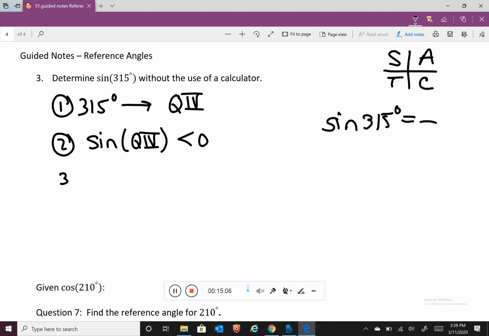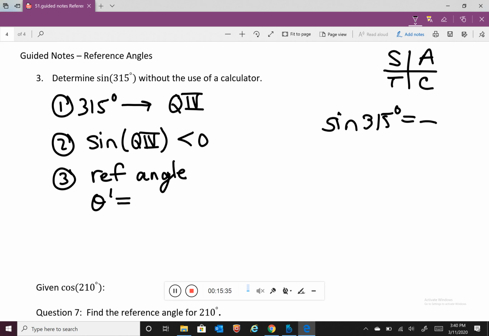Next, we need to identify the reference angle. And so our reference angle, theta prime, is found by understanding the relationship between the angle and the x-axis. And so will I be using 180 degrees or will I be using 360 degrees? Well, what is 315 degrees closer to?